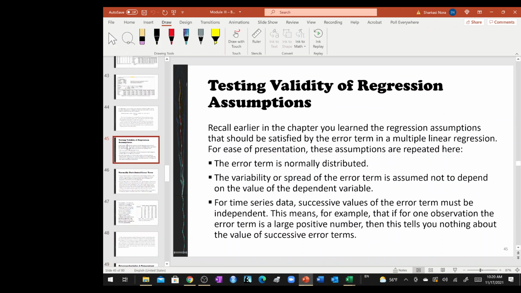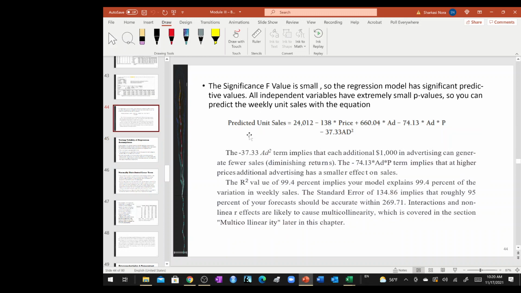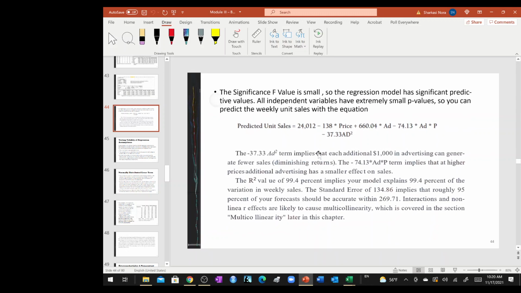Do I have the results here? Testing validity. Over here. This is the Mao Palace, is it?